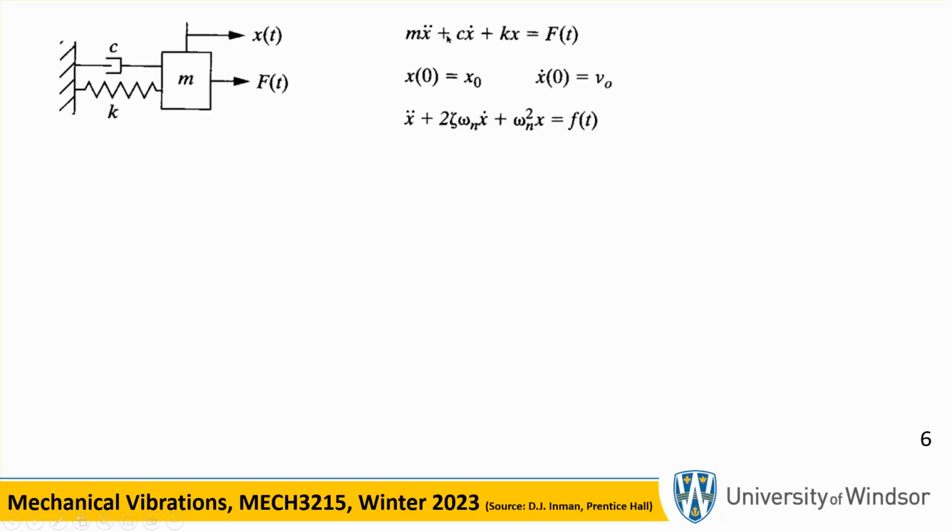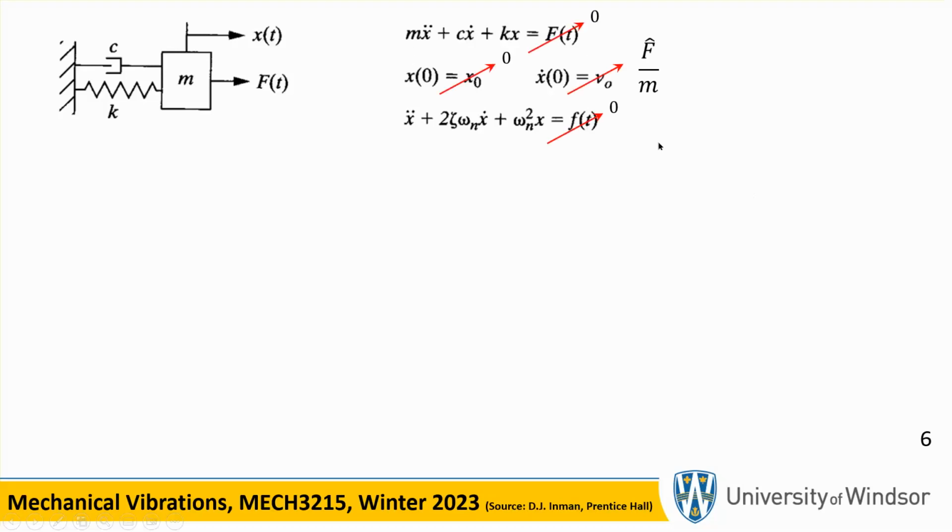Notice that if you divide by m, this can be written as x double dot plus 2 zeta omega n x dot plus omega n squared x, since k over m is omega n squared, equal to big F of t divided by little m, the mass, which our author calls little f of t.